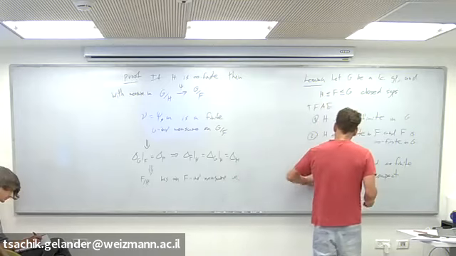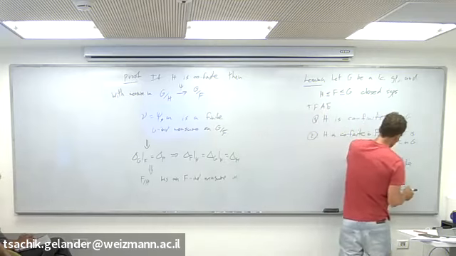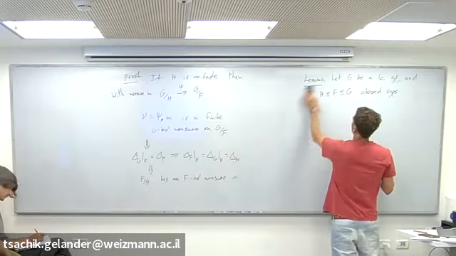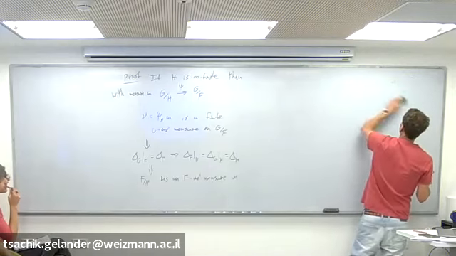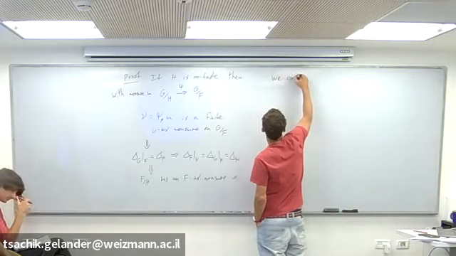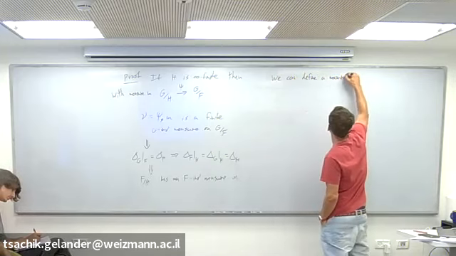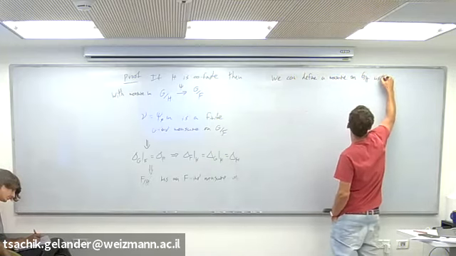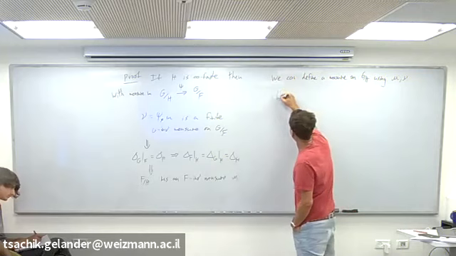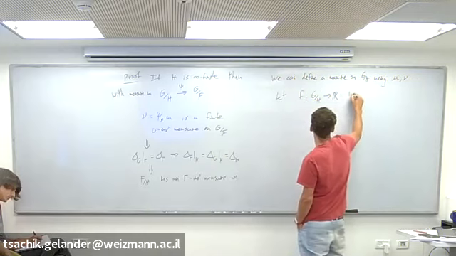I claim that mu and nu together give me a measure on G mod H. We can define a measure on G mod H using mu and nu as follows. Let f from G mod H to R be a function.